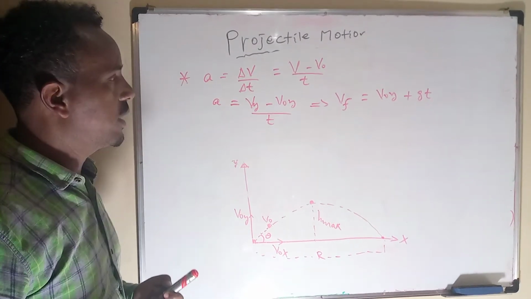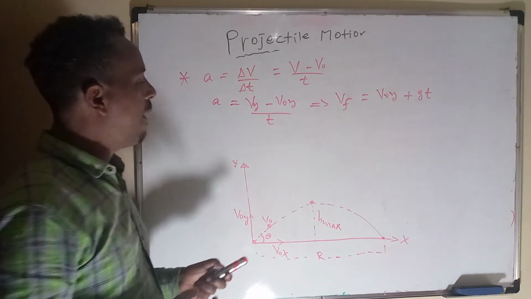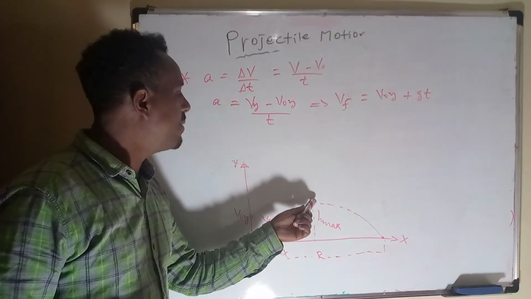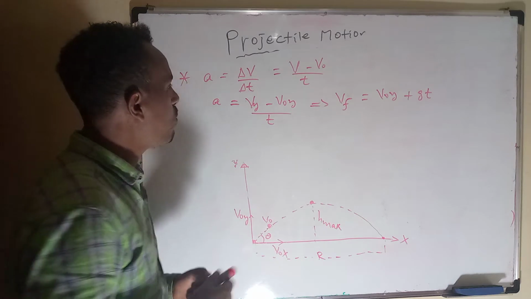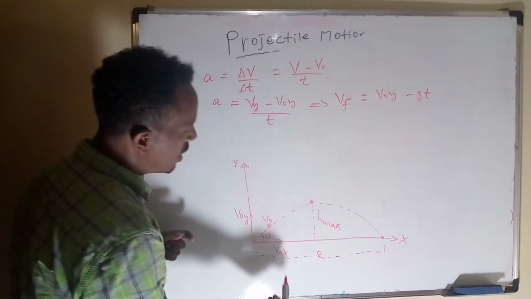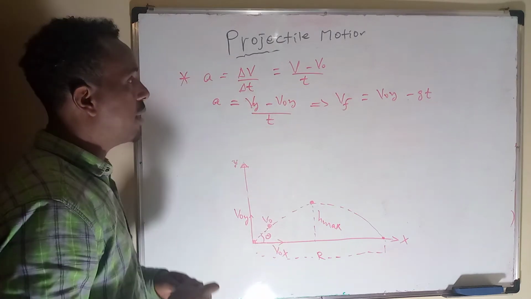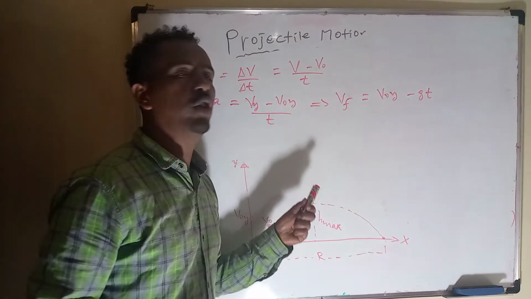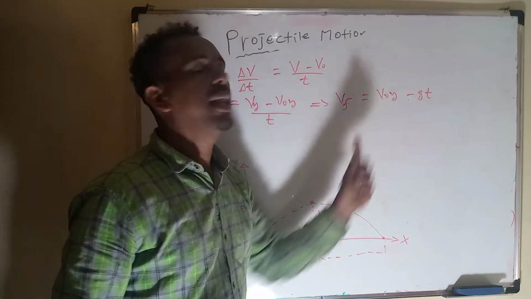ሰከንድ ስኩዌር ስለሆነ ማለት ነው። እዚህ ጋር at maximum height እዚህ ጋር ሲደርስ ያ ኦብጀክት, this is minus because the object is projected upward. ያ ኦብጀክት ወደ upward project ሲሆን minus sign እንጠቀማለን.